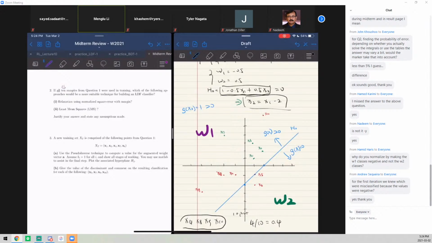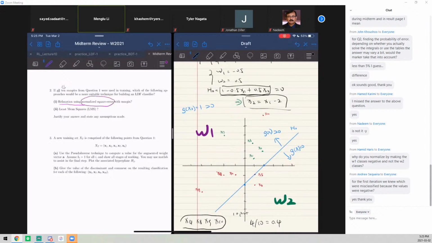Because we cannot find a line to classify all points correctly, it will be the same situation for the relaxation. For relaxation, we don't use the perceptron error criterion, we use the normalized square error criterion. It is another error criterion, but the algorithm is the same.